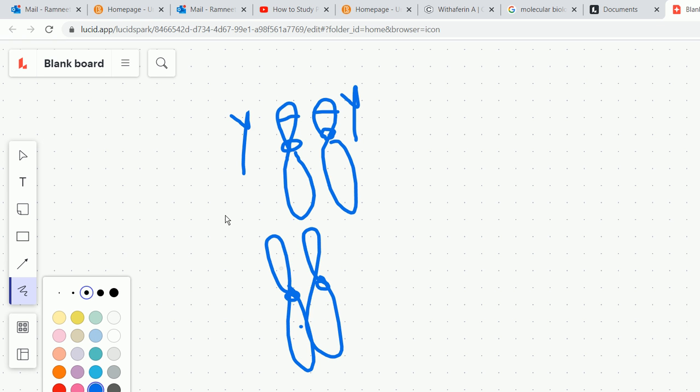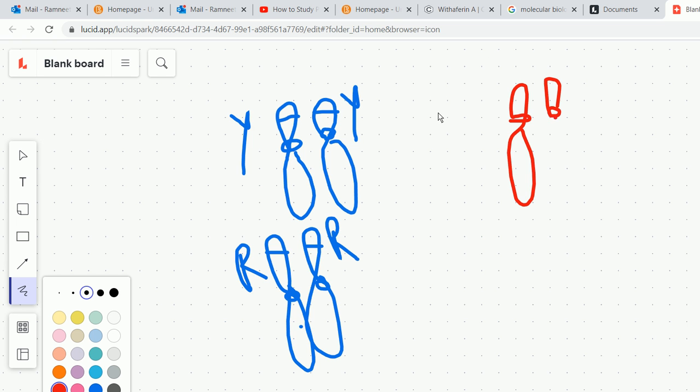This is the second chromosome. These are homologous chromosomes. This is the second chromosome set, which has the alleles for the texture. So this plant has both alleles capital R. So this is one parent. Now the second parent: this is the first chromosome pair, and this is the second chromosome pair.